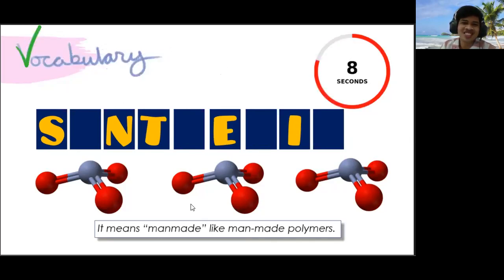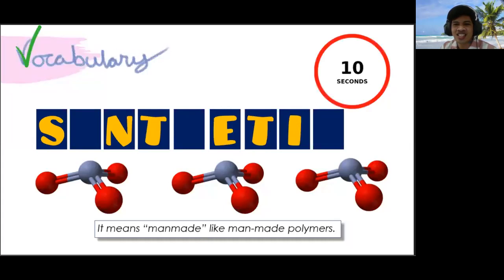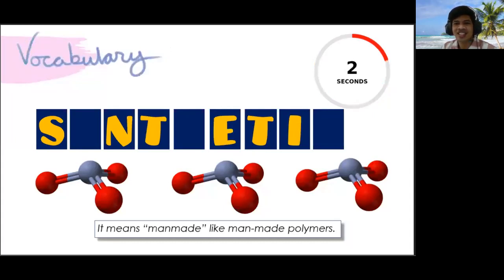Cartoon. So the next letter is T. Yes, Chad, that is correct. Asia. Man-made polymer, or blank polymer. Chertam also has an answer. And then Moss.